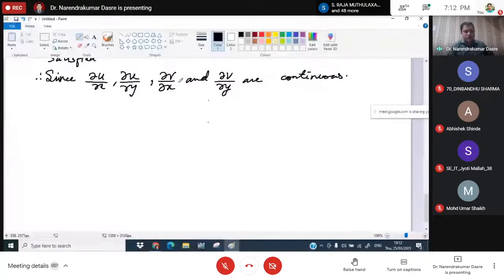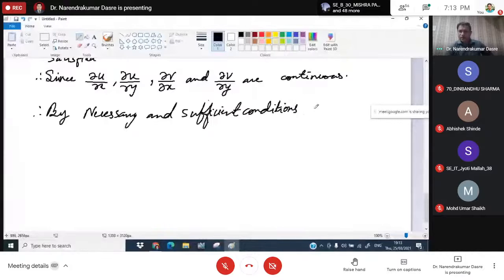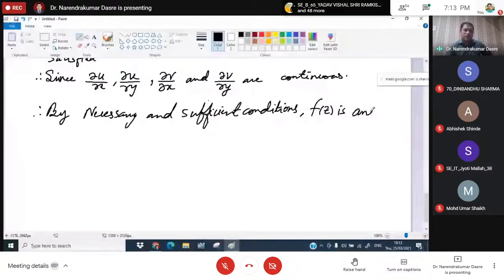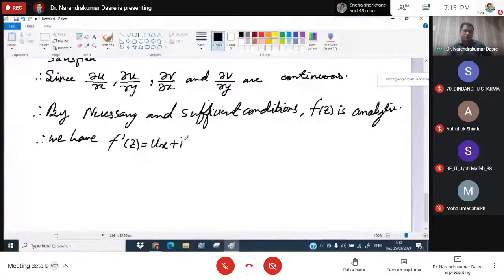So what we can say is, by necessary and sufficient conditions, f of z is analytic. So this is going to be an analytic function, and hence f dash of z is equal to ux plus i vx.